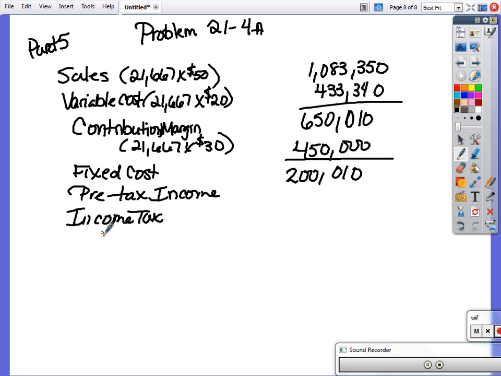So what are you going to multiply by 30%? 200,010 times 30%, which gives us how much for income taxes? $60,000.